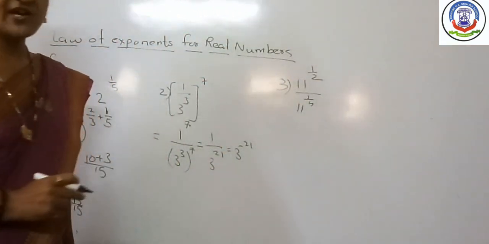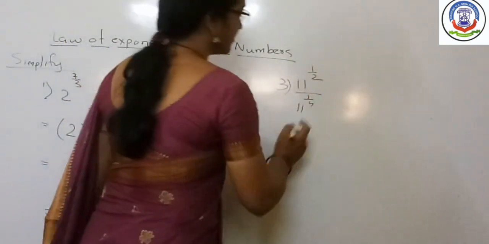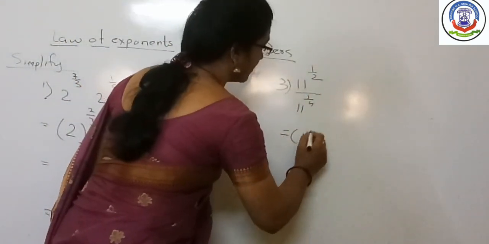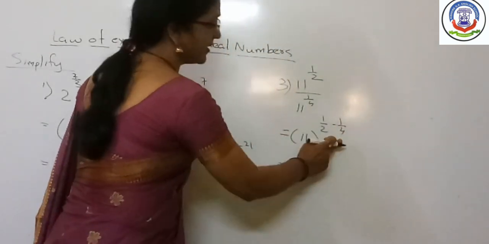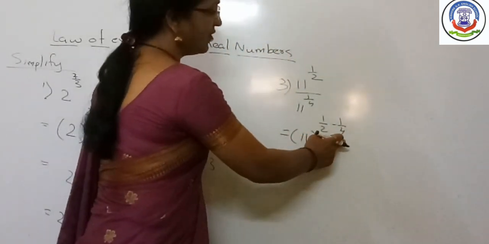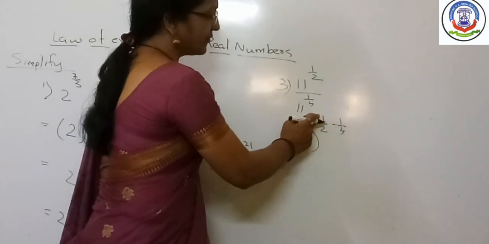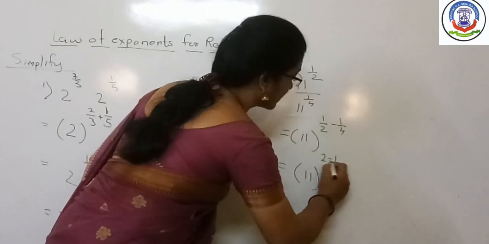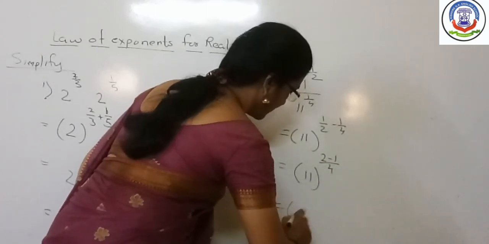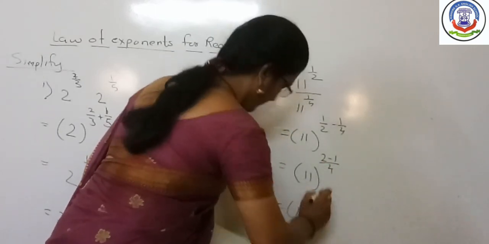So its simplification is a raised to p minus q, which is 11 raised to half minus 1 by 4. LCM here is 4. So it is 2 minus 1 upon 4. So it is 11 raised to 1 by 4.